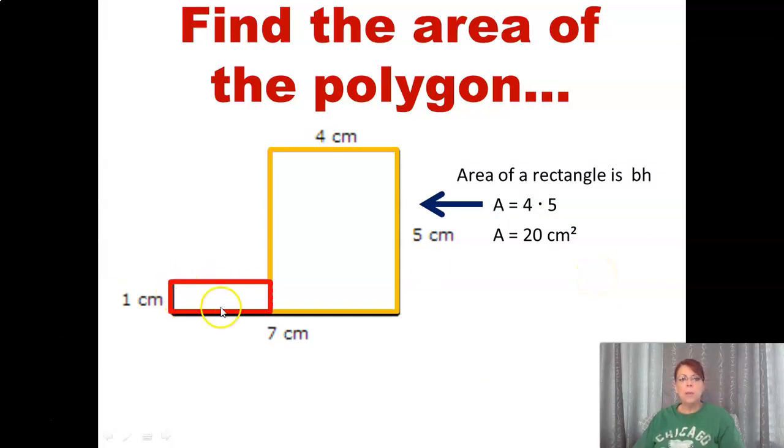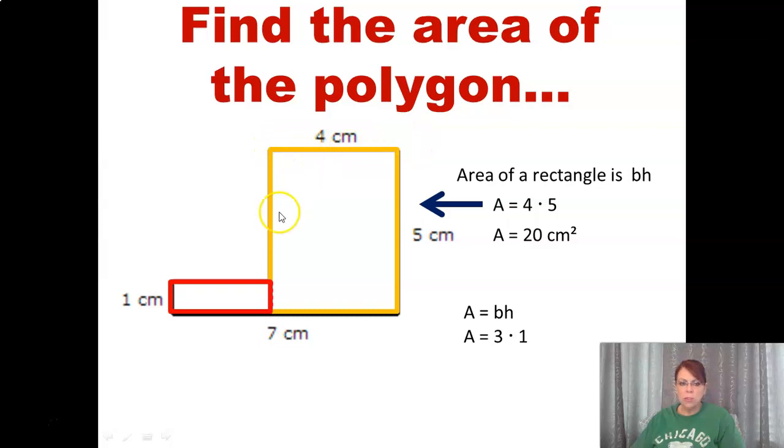The other one is going to be a little bit trickier, okay? This one is going to be 3 times 1, and you might be wondering, how did I figure out that this had a base of 3? Because this whole line measured 7, right? And I know because this is a rectangle that it has 2 parallel sides and two congruent or equal sides. So this whole length is 5.